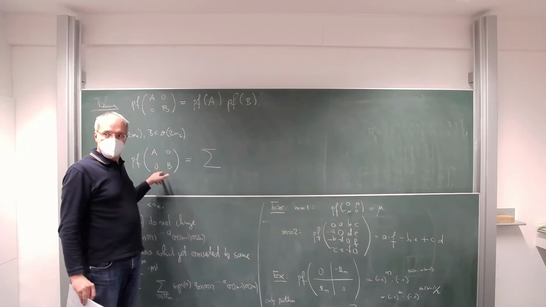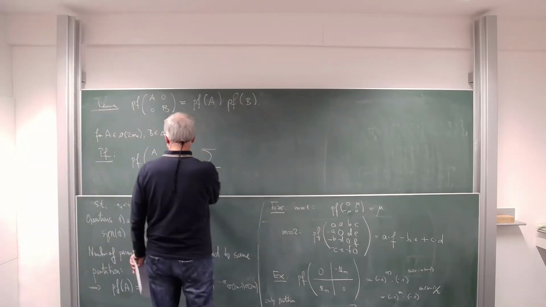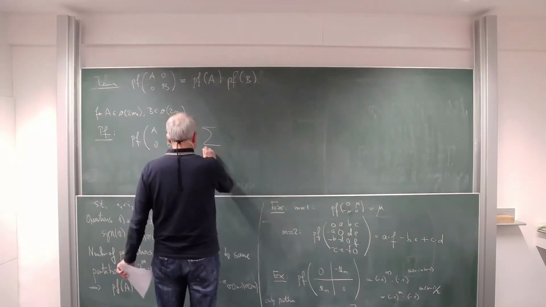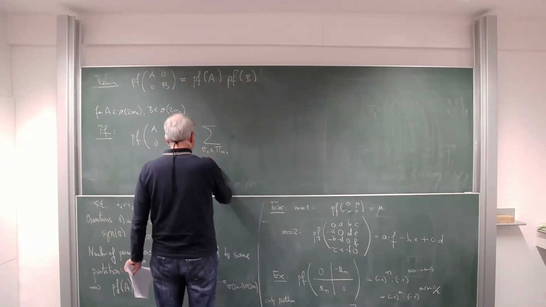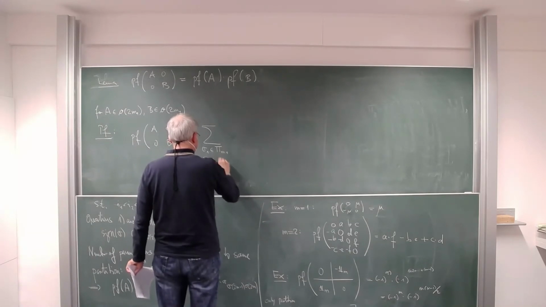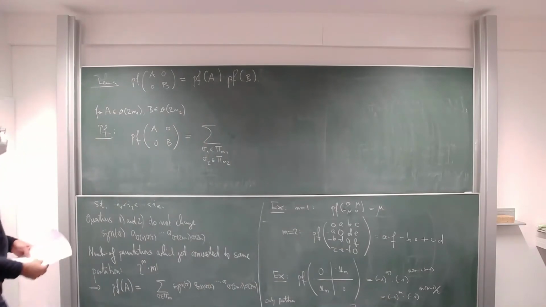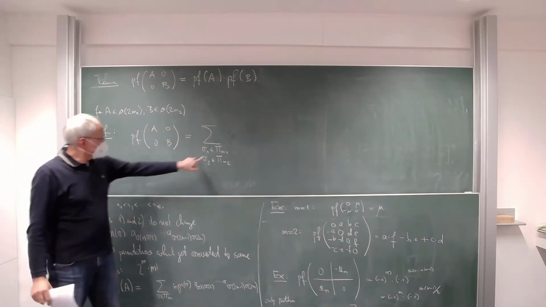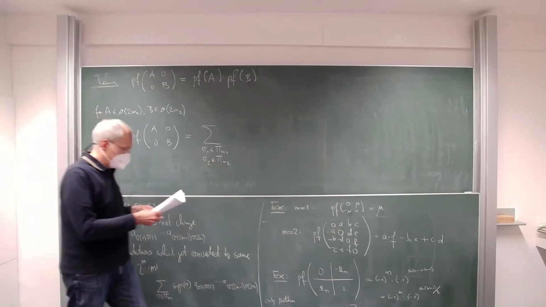Anything else will hit a zero and will not contribute. So we can write this formula for the Pfaffian for this type of matrix by saying that we sum over all partitions on M1 and partitions on M2, and combine them to a partition for M1 plus M2 by first looking at the pairs coming from this partition and then looking at the pairs coming from the second partition.